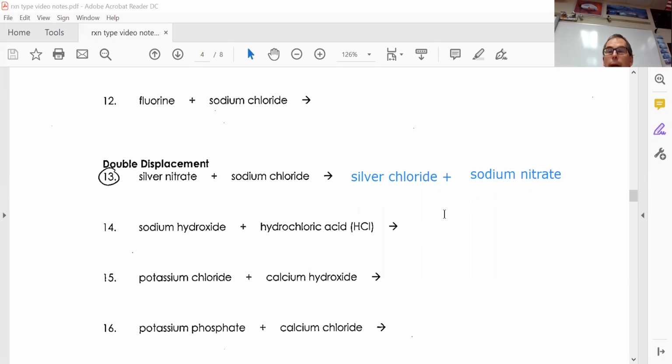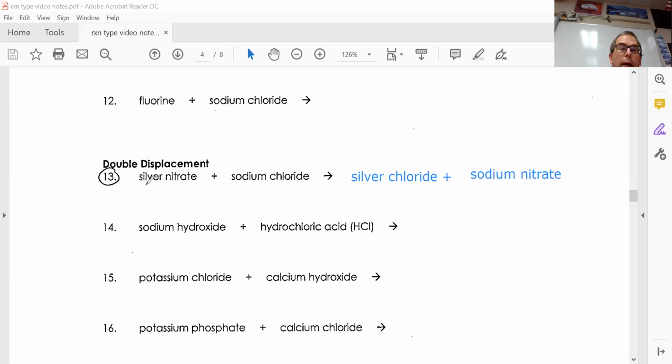Okay, I think that looks a little better. So notice this positive, this negative, and this positive, this negative. It doesn't matter if I said sodium nitrate and silver chloride, that would be fine. What I don't want to do is say nitrate sodium or chloride silver, because positive ions come before negative. Okay, I can look at the charges of these things.